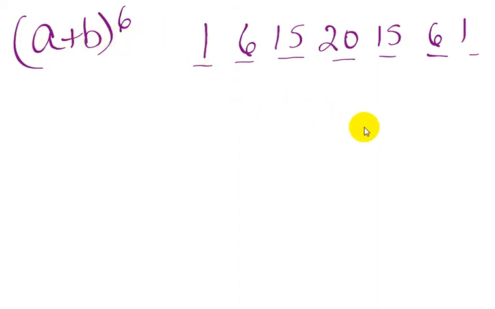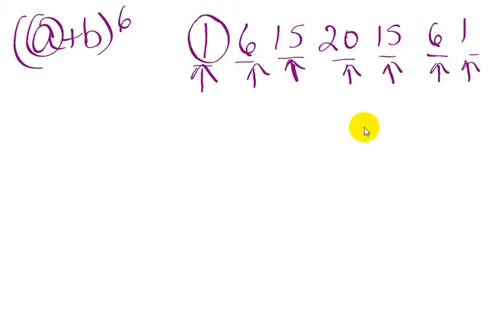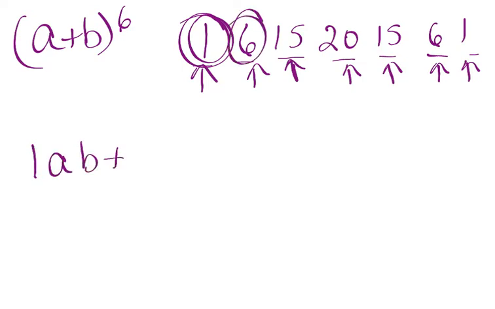Now we're going to use these terms. Each one of these terms is a coefficient of each one of these terms. So every one of these is going to have a coefficient, an a, and a b. Okay? This is how it works. We go the first coefficient of 1, a, b, plus the second one, 6, a, b, plus 15, a, b, plus 20, a, b, plus 15, a, b, plus 6, a, b, plus 1, a, b.